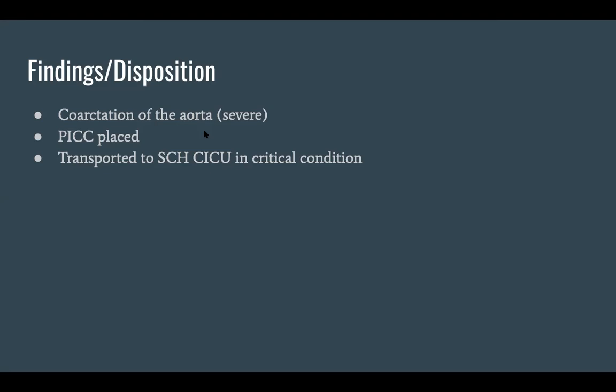Emergent echo, the cardiologist was at the bedside, and they said that she had a severe coarctation of her aorta. The entire aortic arch was about a third of the size of the pulmonary artery. So she had severe impaired blood flow and oxygenation to her body and to her organs. We placed a PICC line, and then in critical condition, she was transported to the Seattle Children's Cardiac ICU.